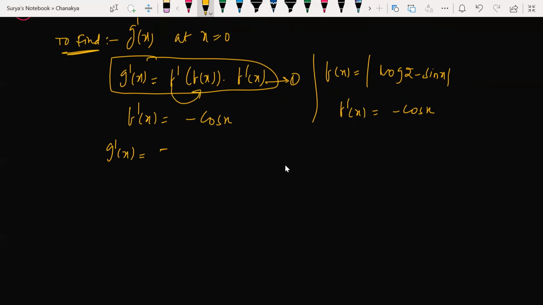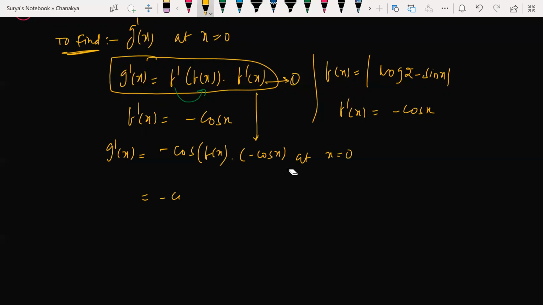In place of x, I need to substitute f of x here, because f dash of x has x in that place. So minus cos of f of x into f dash of x, which is minus cos x, at x is equal to 0.